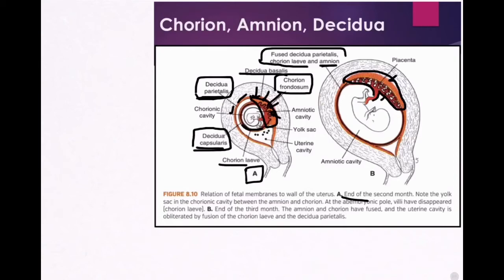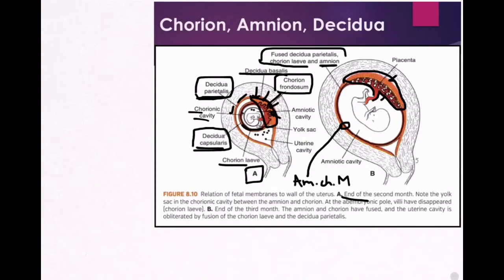So this cavity is the amniotic cavity. This cavity is the chorionic cavity. Eventually, the chorionic cavity also completely obliterates as the amniotic cavity enlarges. So you have the fused amniochorionic membrane. Okay, that's your amniochorionic membrane.